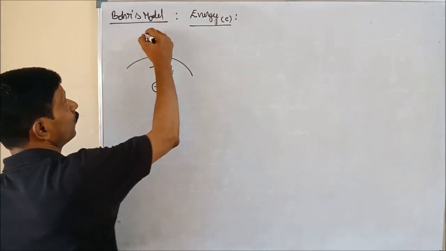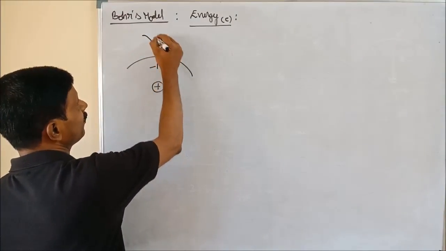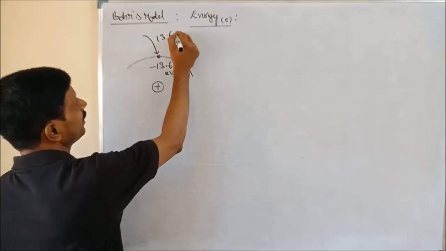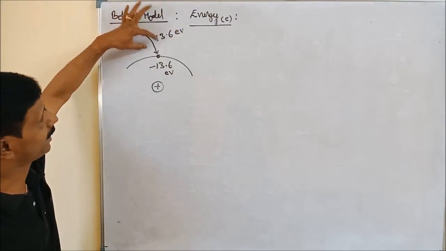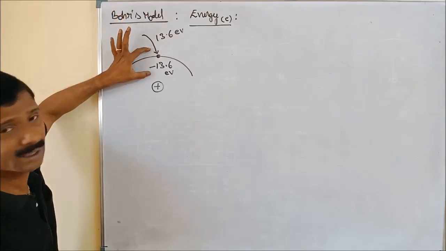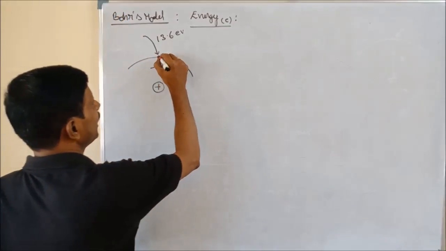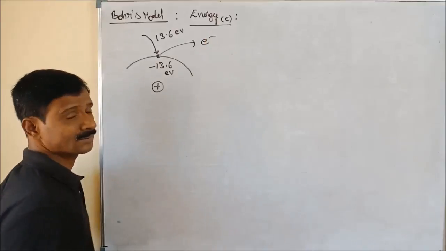If you want to remove it, we have to provide equivalent energy. Means if you utilize 13.6 electron volts, now the total energy of the electron becomes 0. So then it will be removed.